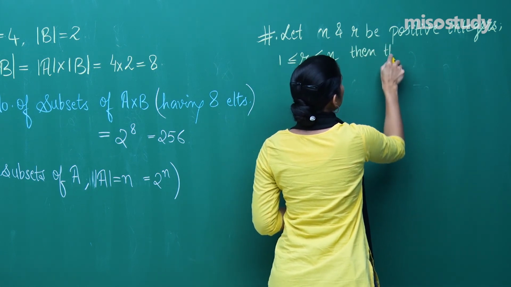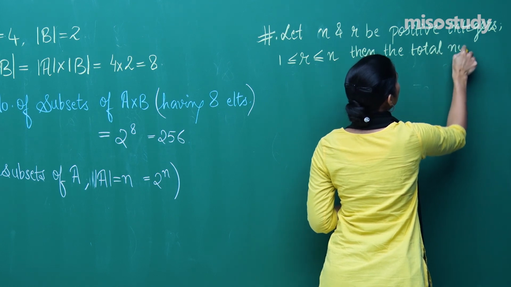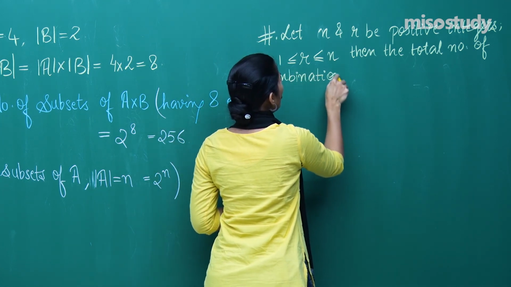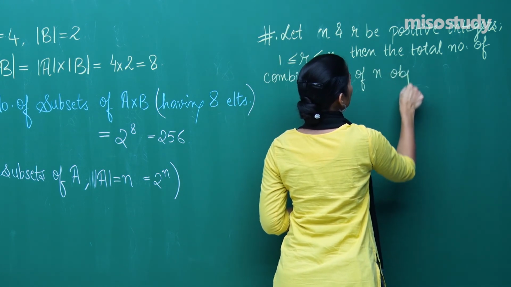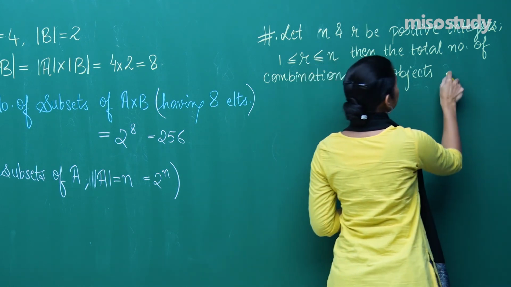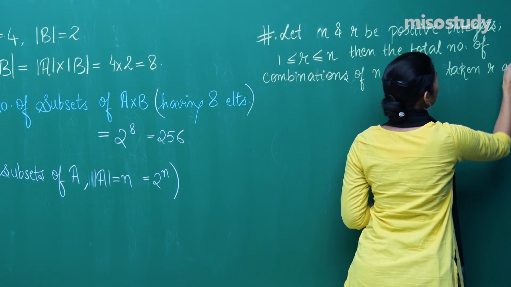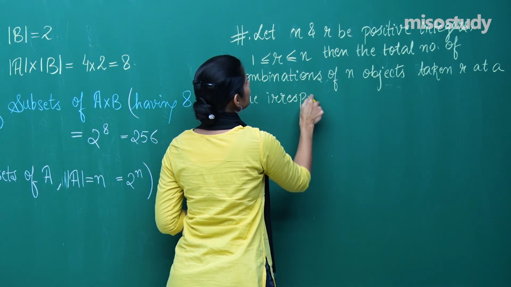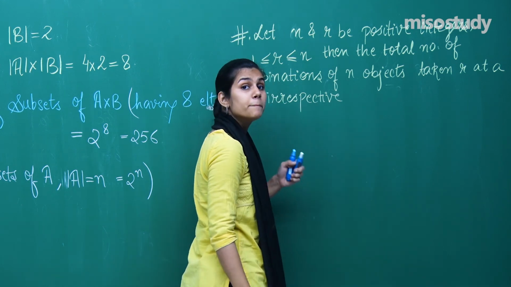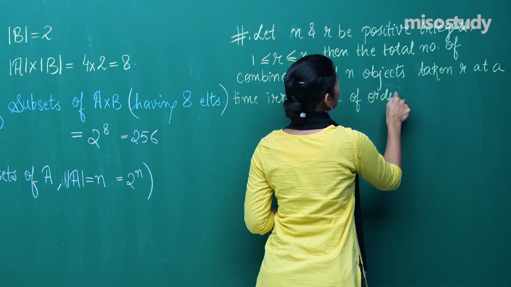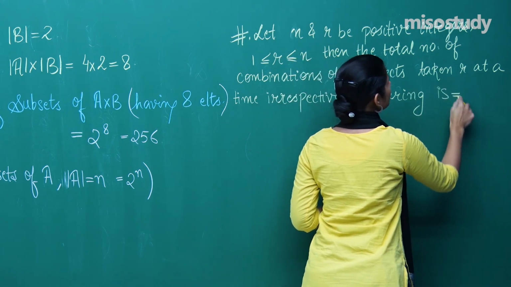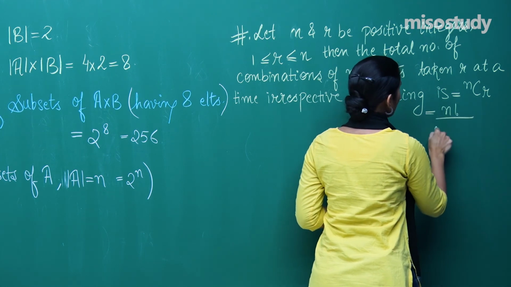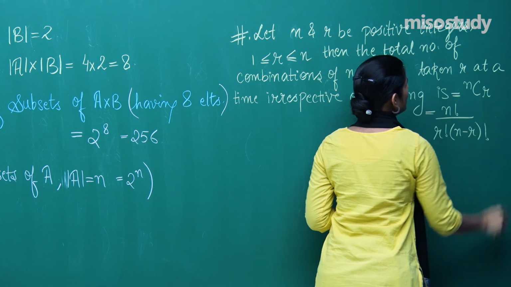Then the total number of combinations of n objects taken r at a time, irrespective of ordering (I am not concerned with ordering of those members like in permutation), is equal to nCr, which is nothing but n factorial upon r factorial into n minus r factorial.